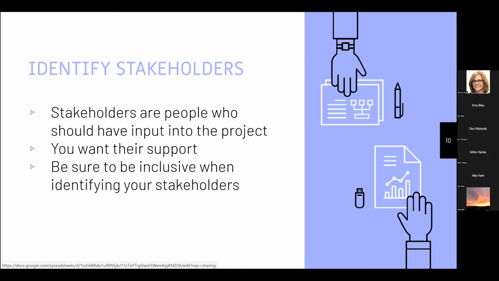So similar to identifying the sponsors, part of the pre-planning is identifying your stakeholders. You probably already have a good idea of who your stakeholders are. Their input and support are necessary for a successful project. In our library, academic library ecosystem, we have many potential stakeholders to include in our planning, including the obvious faculty and students and staff.